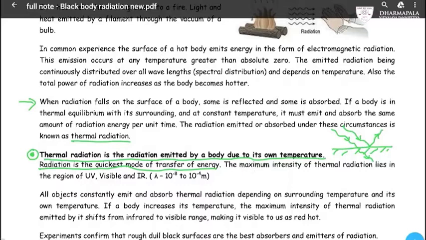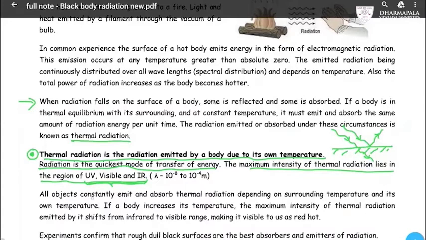The maximum intensity of thermal radiation lies in the region of UV, visible and IR. Most of the objects will emit radiation from these regions. Although they can emit all those spectra, most of the radiation comes from UV, visible and IR.